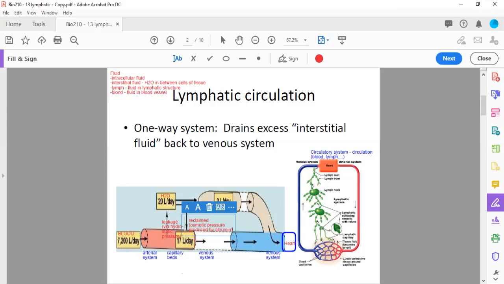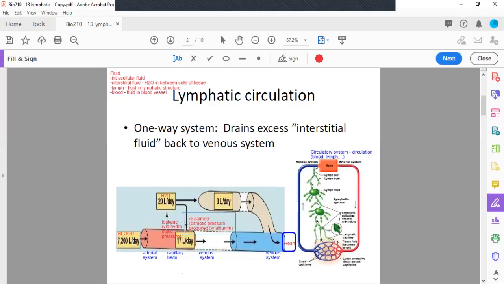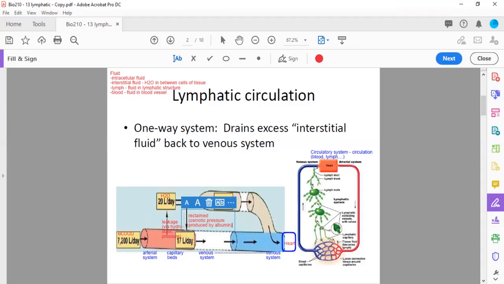If you remember what I taught you in the blood lecture, exactly this is what I said: albumin is the most abundant type of protein in the blood. Albumin produces what's known as the osmotic pressure.